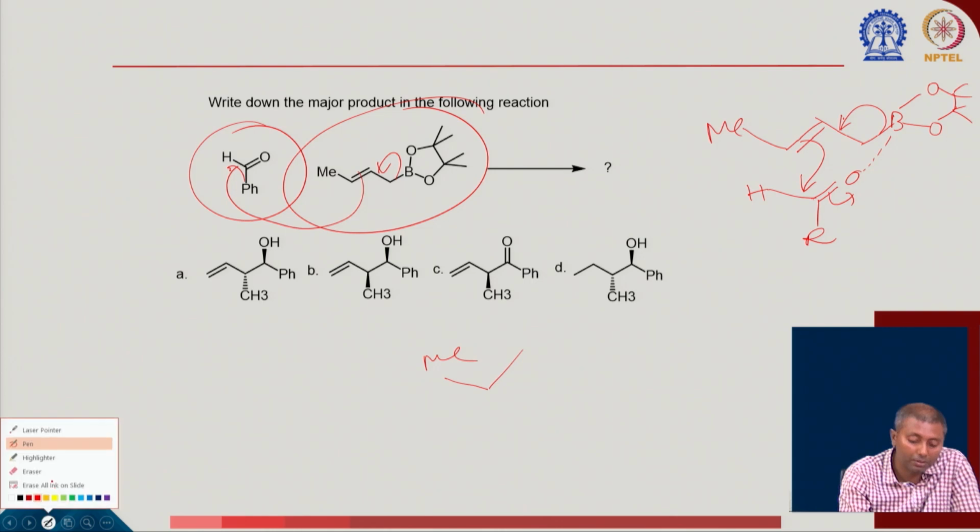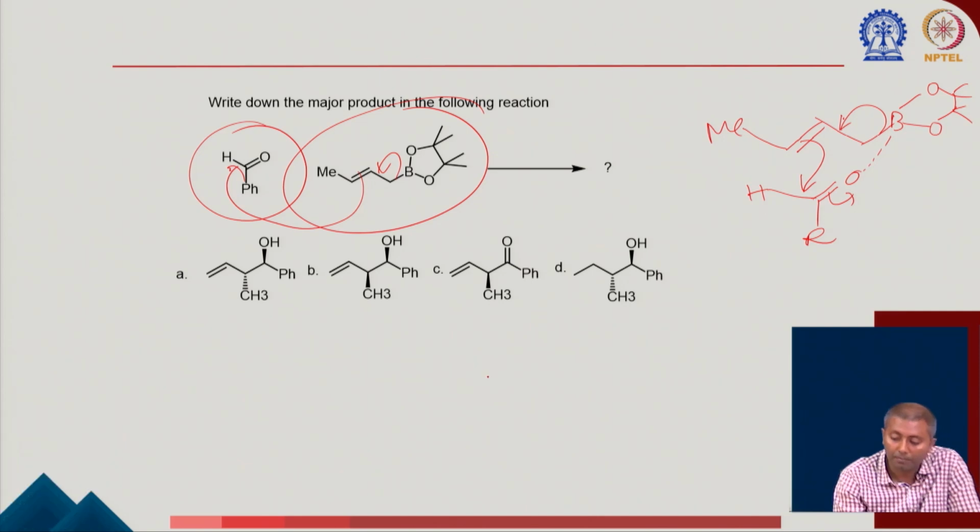Let me just draw it again. Let's draw a 6-member ring and then we will fill it up. So what we are saying is that if you have a boron here, and you have a double bond here, then you have to understand that you have a methyl which will be trans to it.